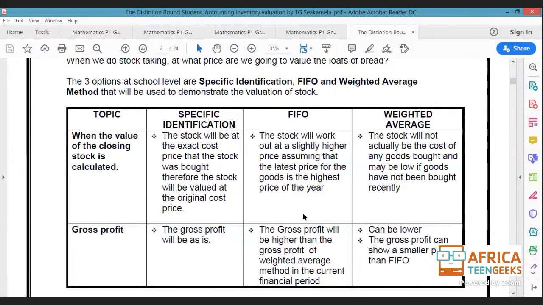When you say your sales less cost of sales, or sales minus cost of sales, right? So the gross profit will be higher than the gross profit of the weighted average method in the current financial period, right? These are still comparisons, guys, between the three methods, right?